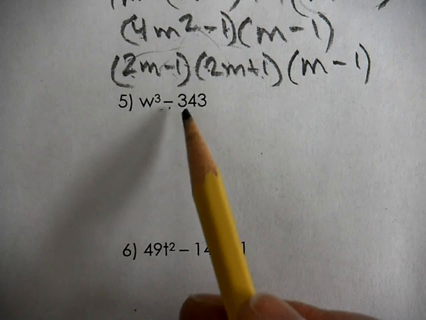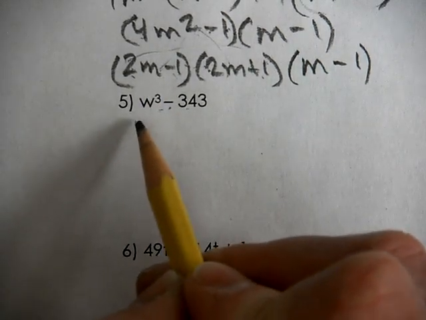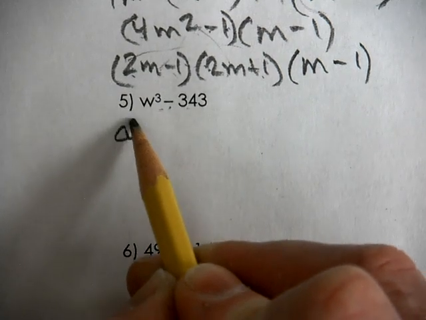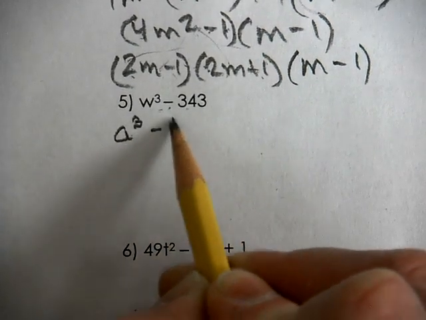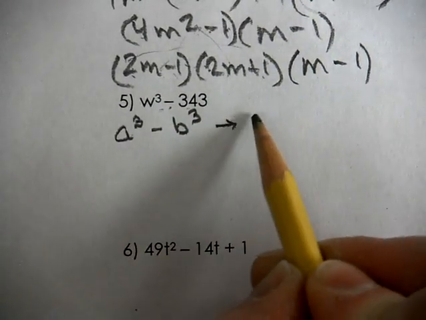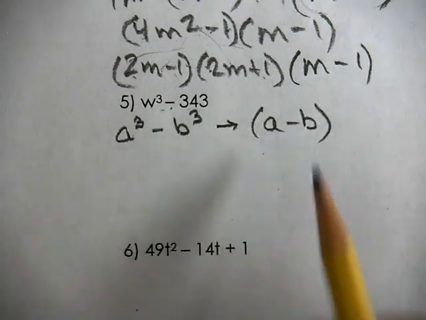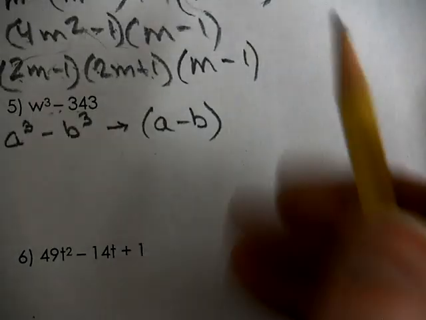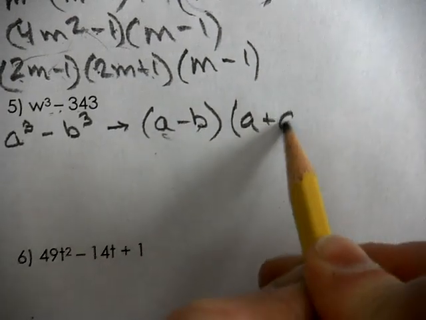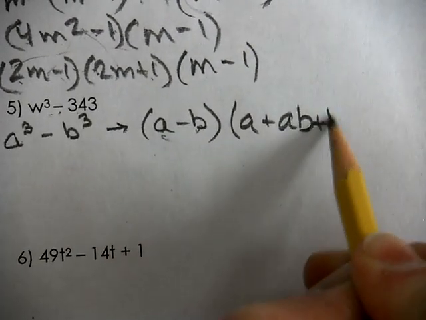Here's the difference of two cubes. There's a formula or a rule that if you have a number cubed minus a number cubed, which we're going to have here, then we can factor that apart. We square our a, we change the sign, we multiply the two together, and we square.